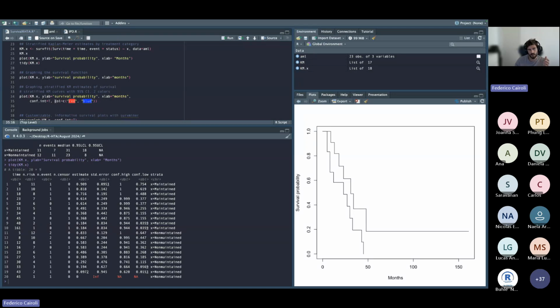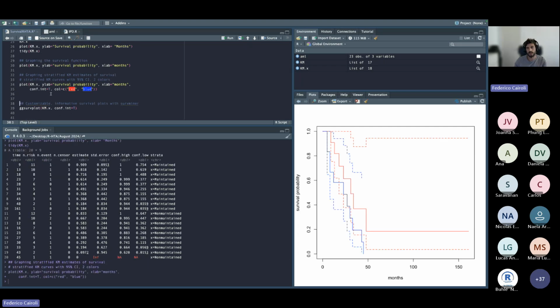Also we can add colors, in this case red for the comparator and blue for the treatment arm. By doing that, if we run this function, we are going to obtain different colors, and also the confidence interval.